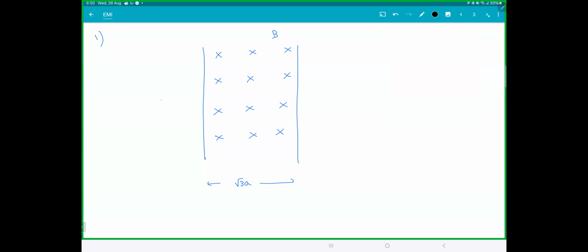We have a loop here, an equilateral triangle of side a. This is going with speed u. Let this distance be some a. So initially it is somewhere here. At t equals 0, this is the scenario.